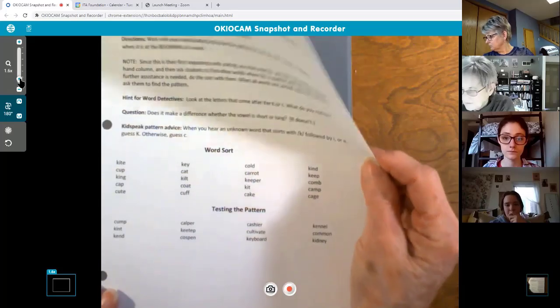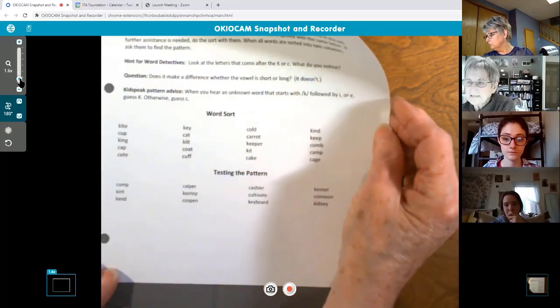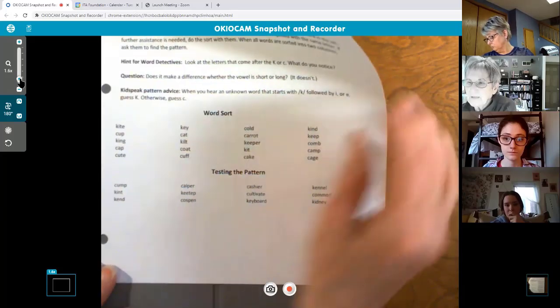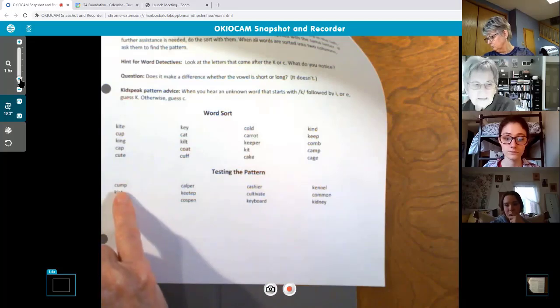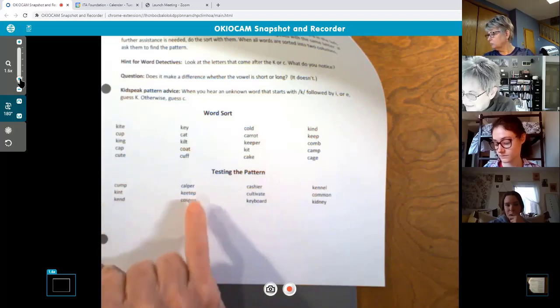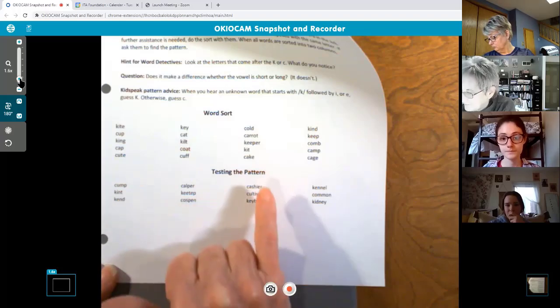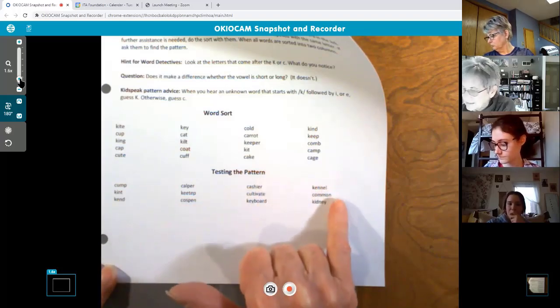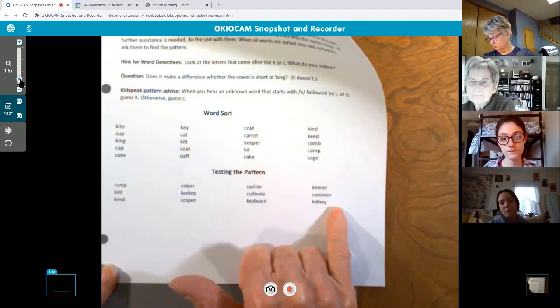So there's a word sort, and then Bridget, you might want to test, say, do you remember your beginning patterns? Because this is a non-word: kump, kint, kend, kelper, ketep, kassen, kaspen. And then these are pretty complex words for second graders anyway. Okay.